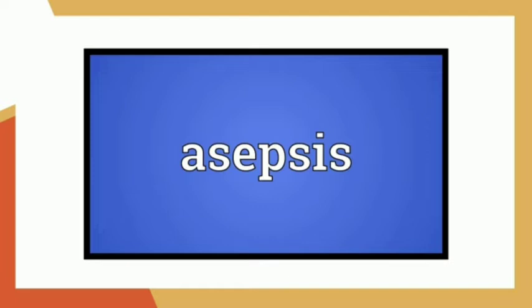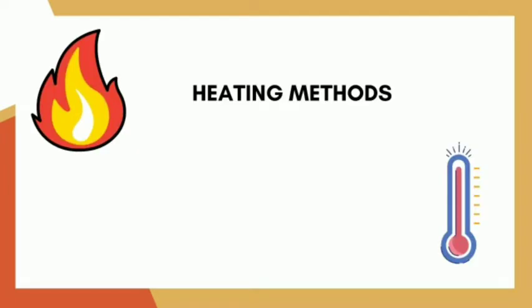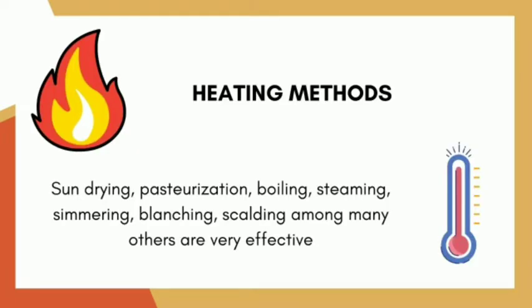The second method is use of high temperatures, including sun drying, pasteurization, simmering, blanching, scalding, etc. and many more, which kill the microbial cells by dehydration or by destroying many proteins including the enzymes, and this blocks the microbial growth and enhances the shelf life of the food.